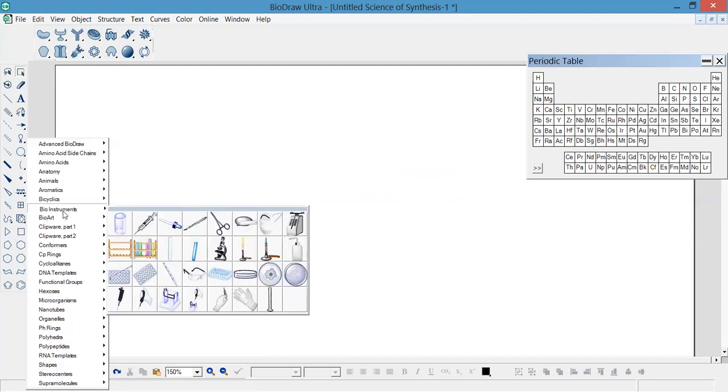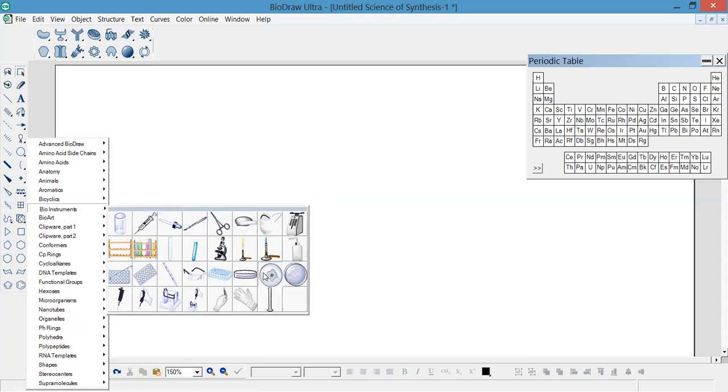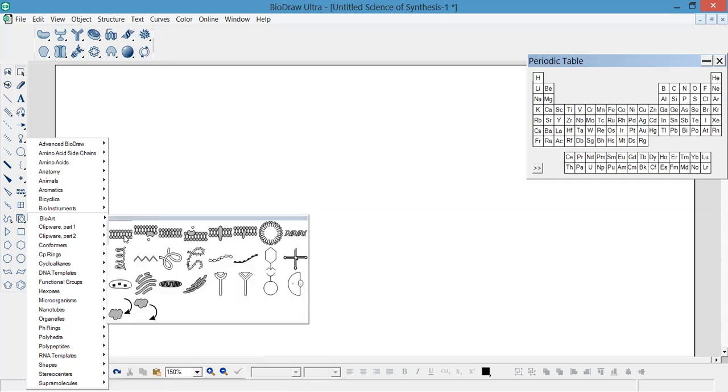You can also draw bio instruments like different syringes, scissors, microscope, petri plate, gloves, micropipette. These are the important bio art, that is biolipoidal cell membrane, micelles, structure of amoeba, different biological cells, like this.